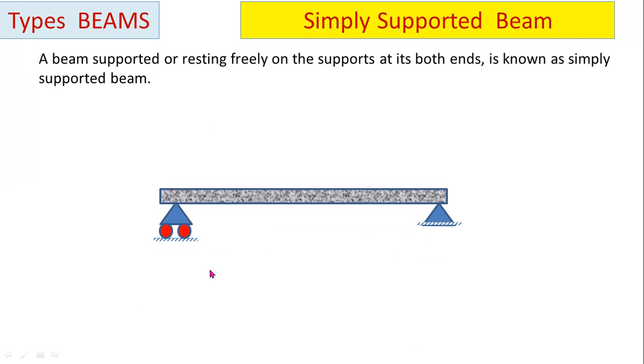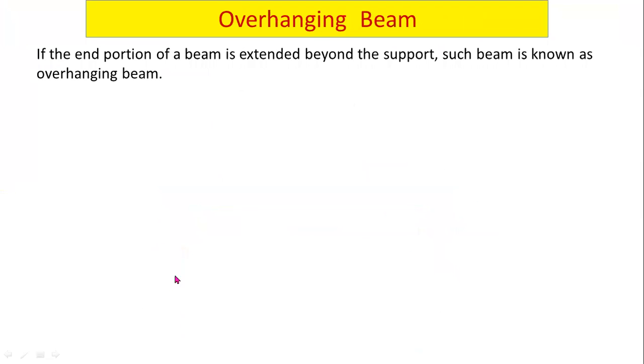Then you have to consider reaction forces like this. Here F1, F2 are the two transverse loads. R1, R2 are the normal reactions at the supports. Here this one is a roller support, this one is a knife edge support.